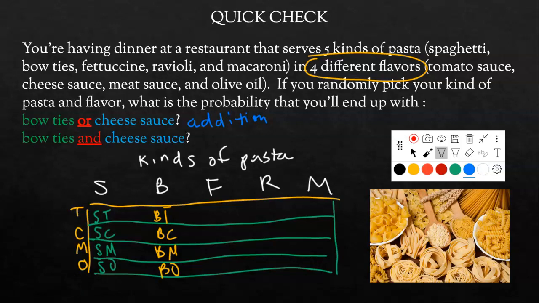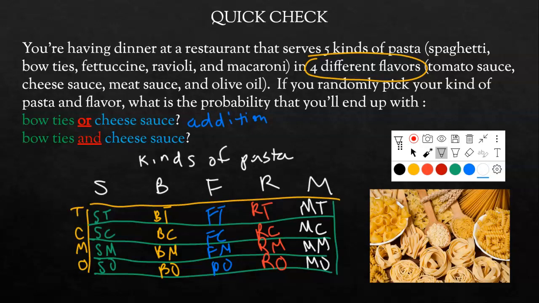Okay, so F is fettuccine tomato, fettuccine cheese, fettuccine meat, fettuccine olive. We've got ravioli tomato, ravioli cheese. You getting hungry? Ravioli meat? No, I'm gaining weight just listing these out. And then macaroni tomato, macaroni cheese, macaroni meat, and macaroni olive oil.